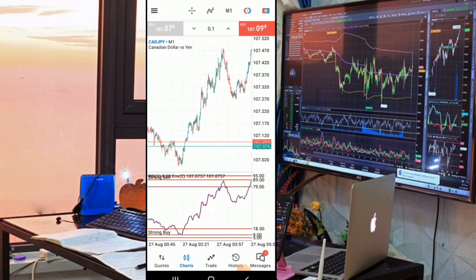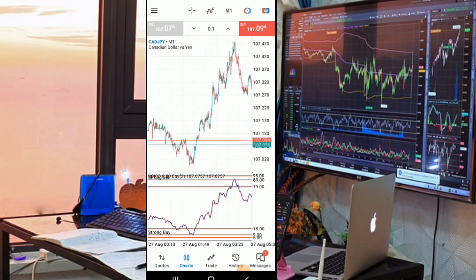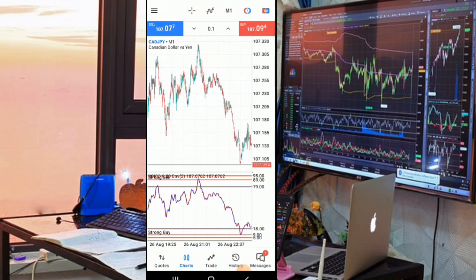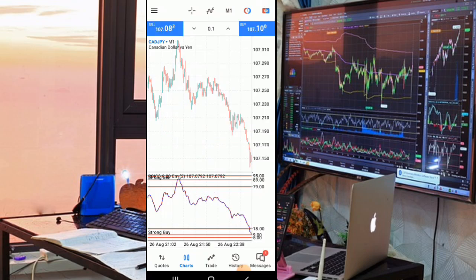Maybe for a third confirmation, let me look for another one, because I love you guys and I want you guys to make money. So I'm just going to be showing you this thing. Nice. Price hit the 89 line level, price came to close below the 79 line level, and then we go up and check up there, and let's see.